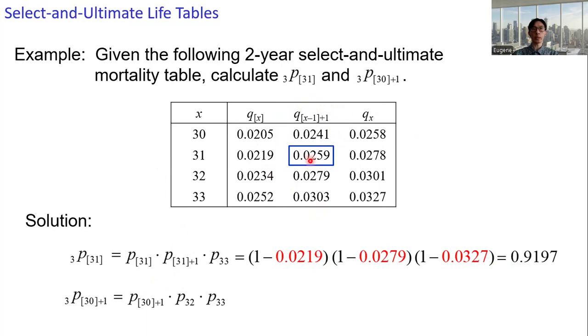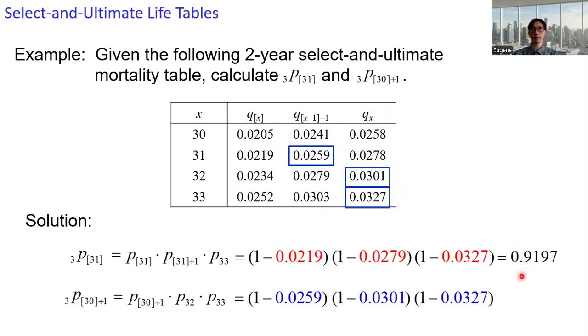So x is 31 in order to get the value for q[30]+1. And then p32 and p33, the ultimate value. We look for the information on qx, the last column. For p32, we need q32, which is 0.0301. And q33 is 0.0327. And upon calculation, we get 0.9138.